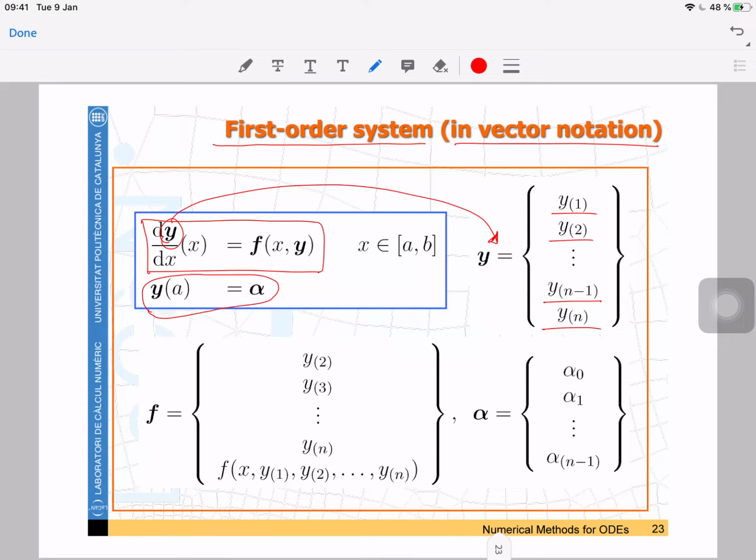The different values of the y components at a can be prescribed by the vector alpha, which is defined here, alpha 0, 1 until n minus 1. And f, the right hand side term, is again a vector of different components: y2, y3 until the f, which is the value of f at given values of x, y1 until yn.